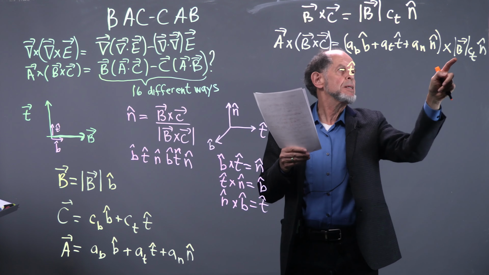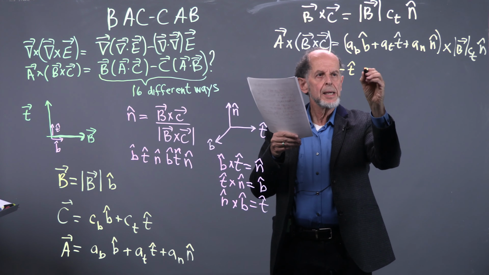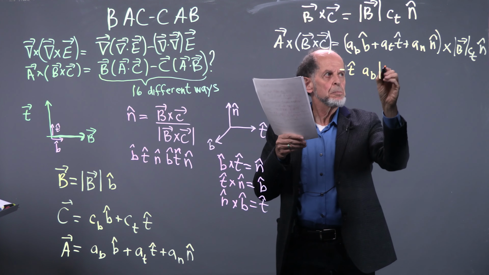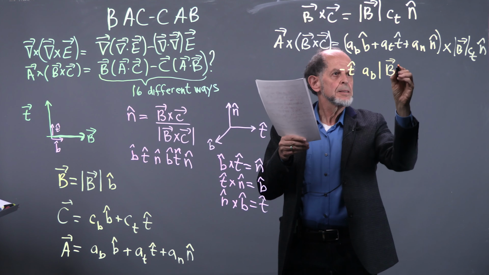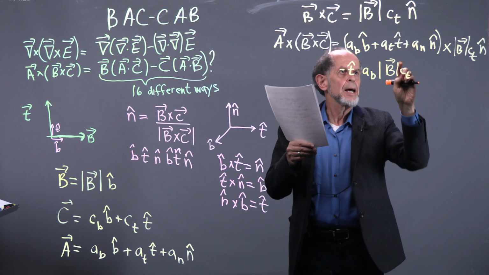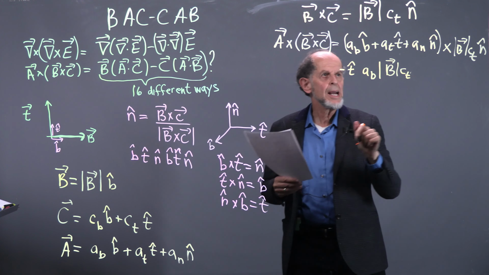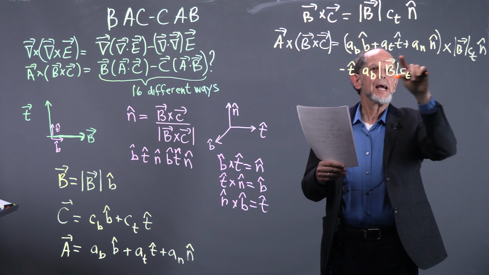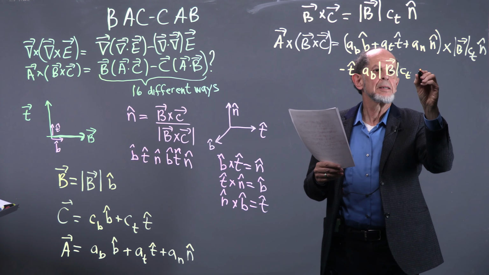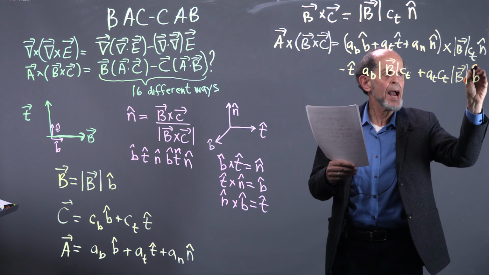So it's AB, this thing here. So that's going to be AB times magnitude of B times CT. And now T hat crossed with N hat is B hat. So we have a B hat, and the numbers are AT, CT, magnitude of B, B hat.